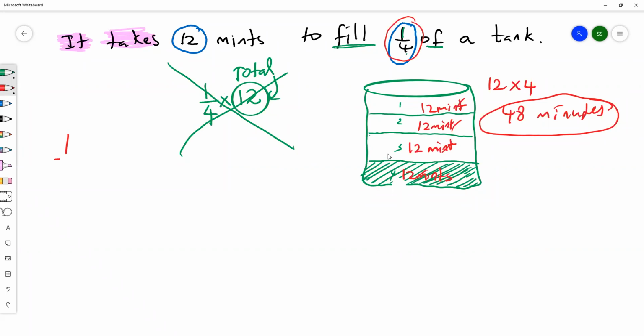If the total is given, you can put multiplication. If the total is missing, you have to put an equal mark for the suitable fraction. Only for this part it takes 12 minutes. To fill a quarter of the tank it takes 12 minutes.